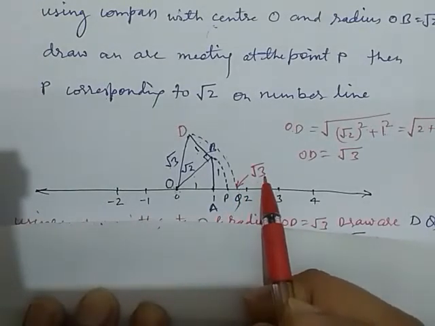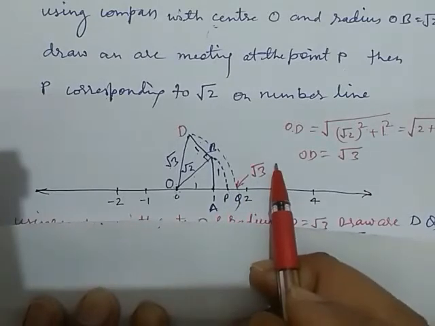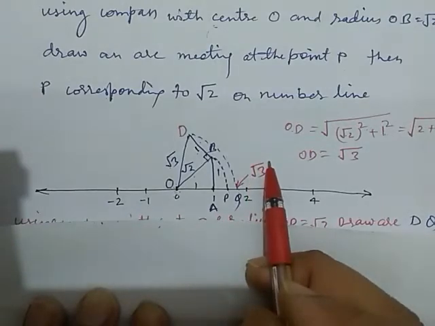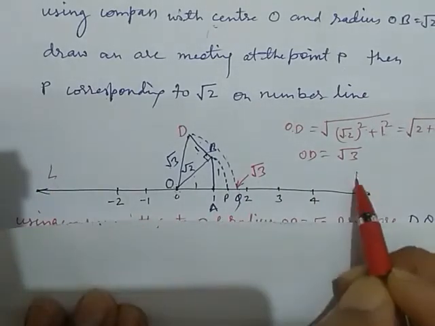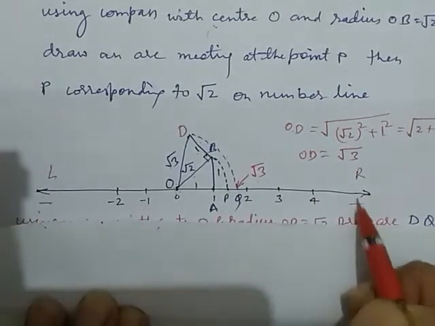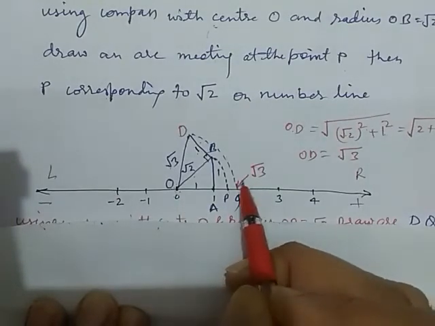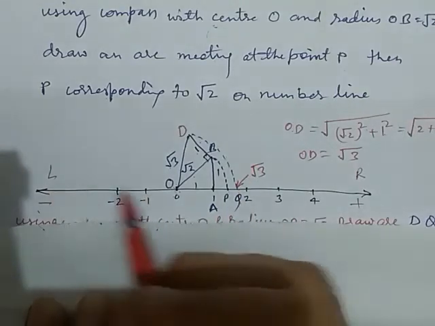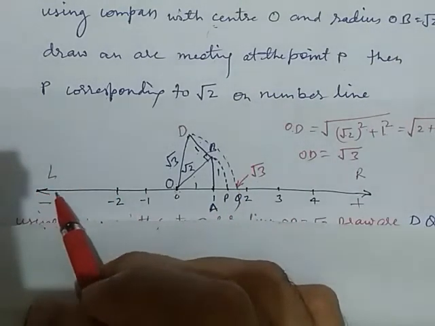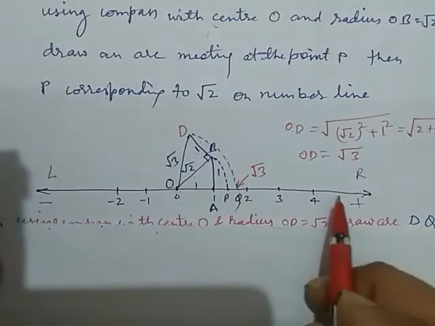Now this way we can represent root 3, which is an irrational number, on the number line. This is left, negative, this is right, positive, and we plot it on the positive side. If we have minus root 3, remember the negative sign is outside the root, then we represent it on this side. So this way we can represent an irrational number on the number line.